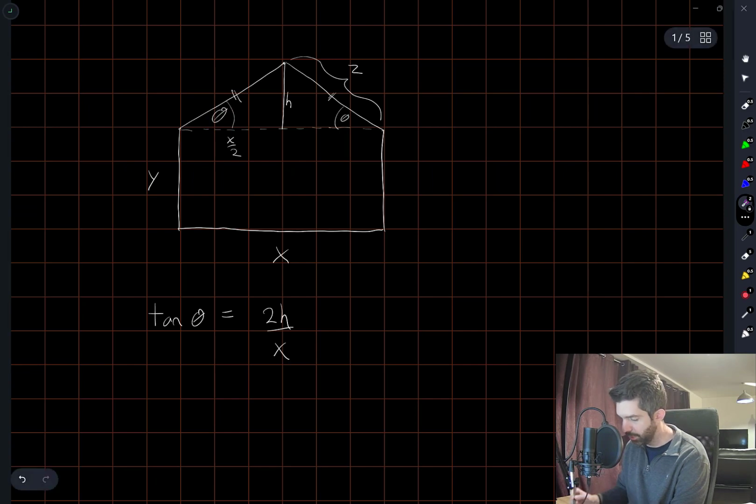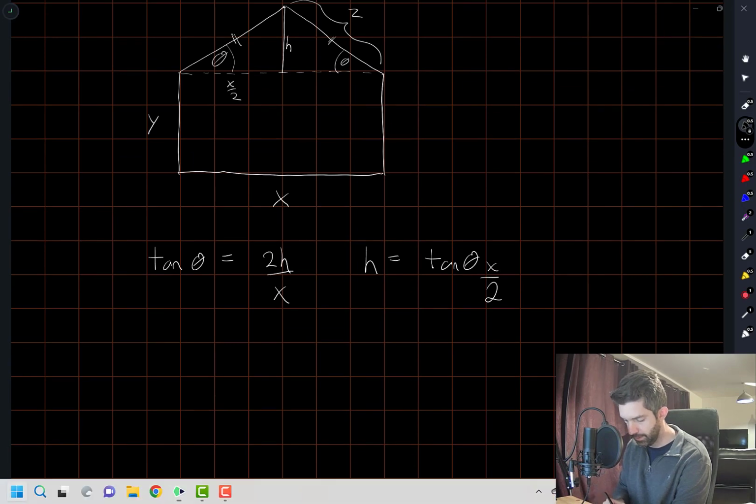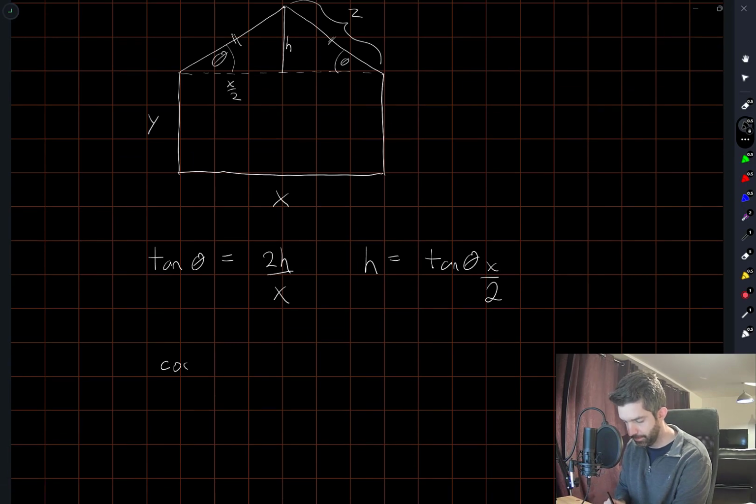So what that means is I want to rewrite this as h is equal to tan theta x over 2. And then when I write down formulas for the area and perimeter in terms of other things, I won't want to see an h anywhere. So I also need to write out z. Cos theta is equal to x over 2z. So this says that z is equal to x over 2 times secant theta.